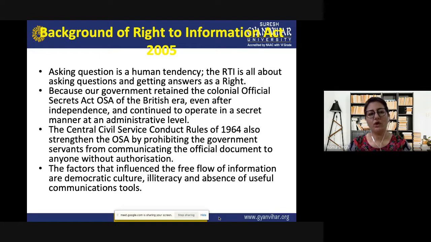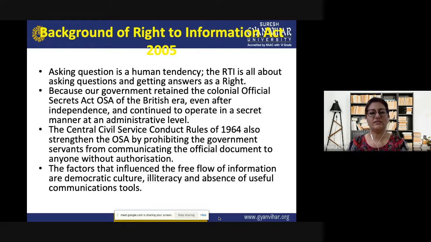Because our government retained the old rules of the Colonial Official Secrets Act that was carried out in the British era, even after independence, it continued to operate in a secret manner at an administrative level.